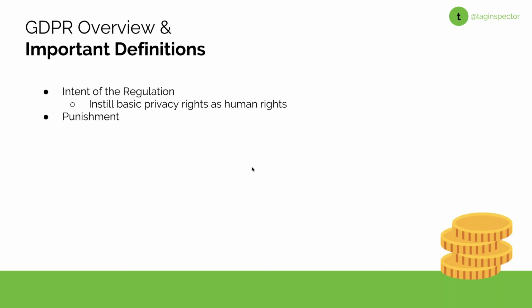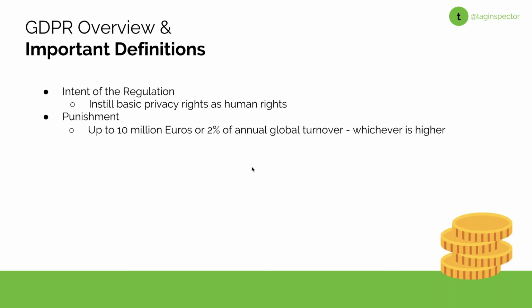Speaking of punishments, as most people have heard or understand, punishments for GDPR breaches have two different classifications. These are administrative fines that can be handed out by the governing body. The first one is a punishment of up to 10 million euros or 2% of annual global turnover, whichever is higher.